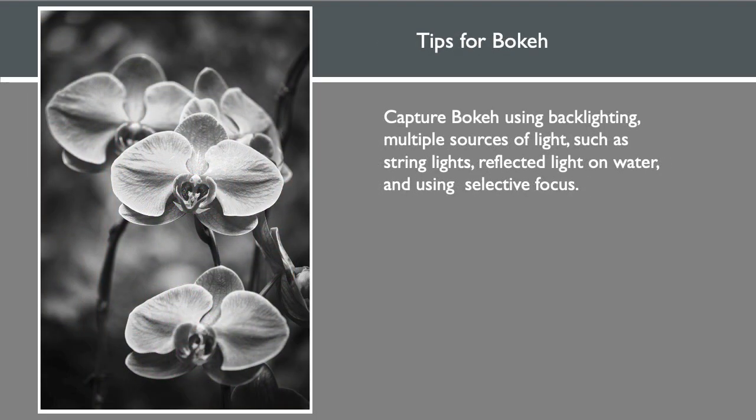Bokeh can be achieved from using digital imaging apps, but achieving it with the lens of a DSLR or smartphone camera helps set images apart from others. Tips to capture bokeh with a camera include using backlighting, multiple sources of light, such as string lights, reflected light on water, and using close-up or macro focus.